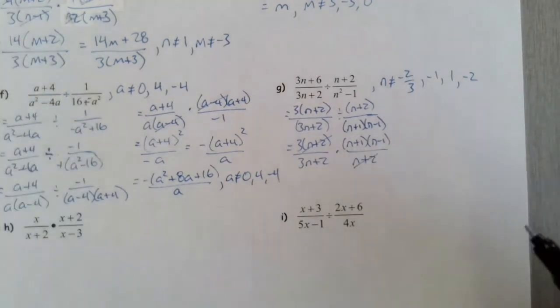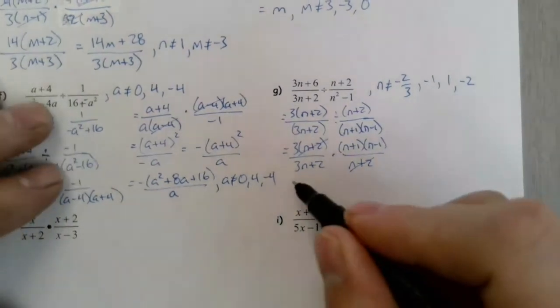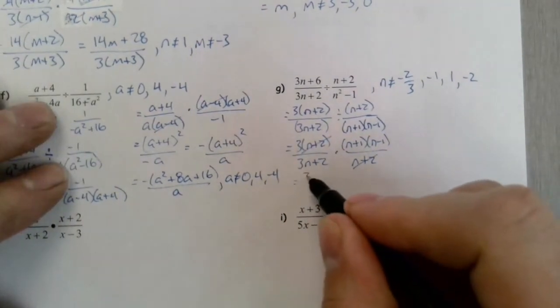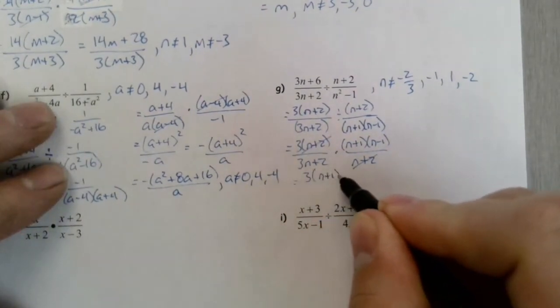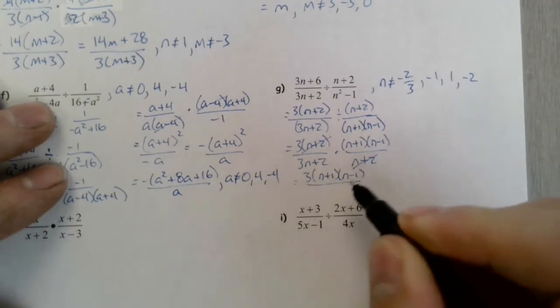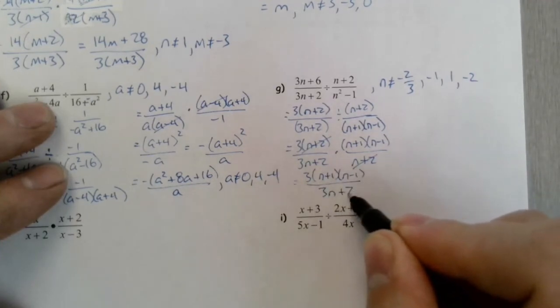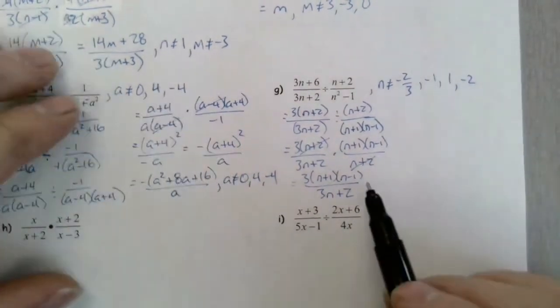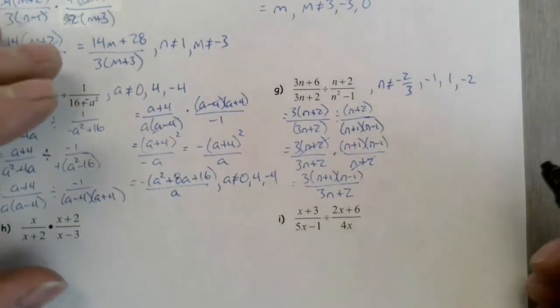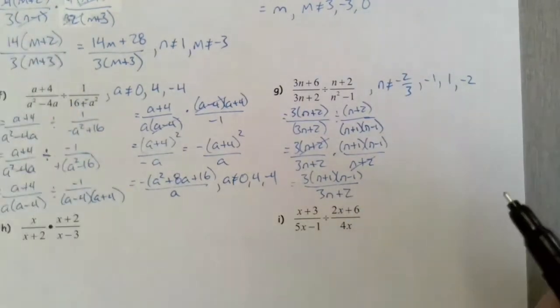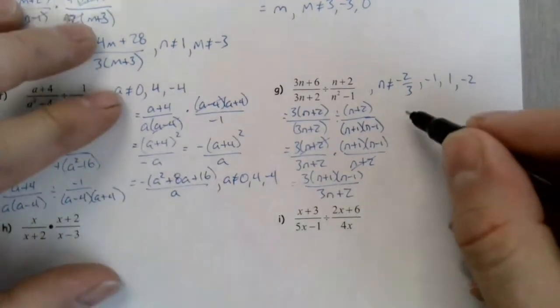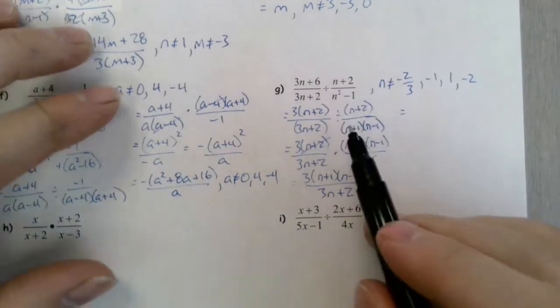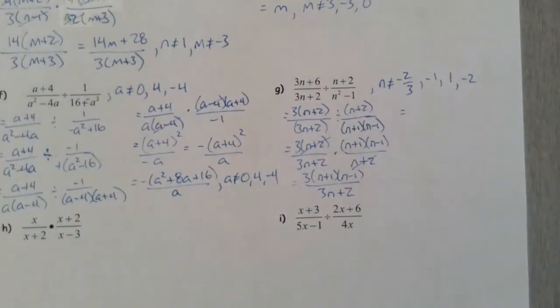So we're at the point here where we're going to expand things out, or multiply things out, I should say. So it'll be 3 times n plus 1 times n minus 1 over 3n plus 2. Now, if this is where I was going to end it, I would write my non-permissibles there, but in this particular case, I'm actually going to multiply that difference of squares out. Now, I factored the difference of squares up here because I'm kind of hoping that something will cancel when I do that.